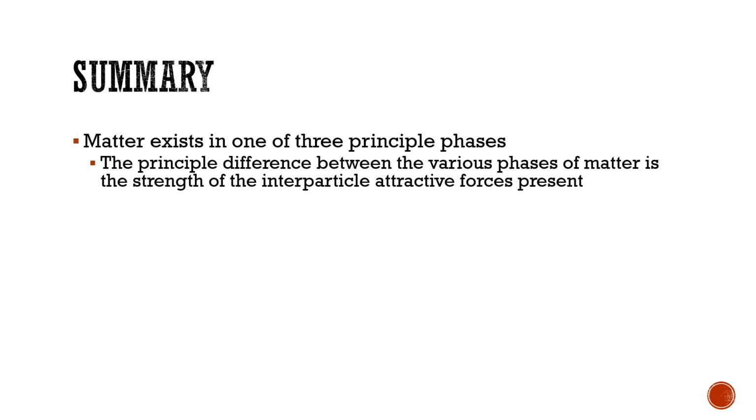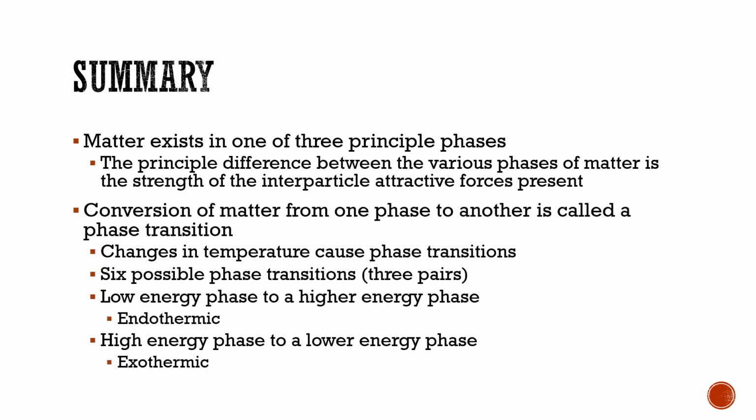To summarize, matter exists in one of three principal phases: solids, liquids, and gases. The primary difference between the phases is the strength of the interparticle attractive forces present. Conversion of matter from one phase to another is called a phase transition.